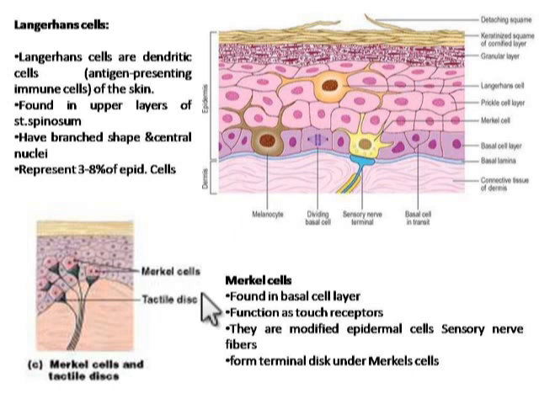Next is the Merkel cells, which are found in basal cell layer and function as touch receptors. They are modified epidermal cells and sensory nerve fibers.